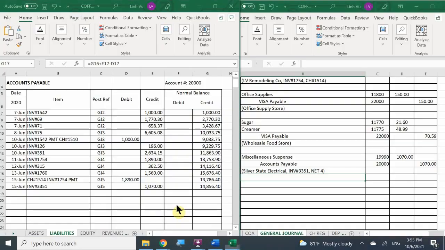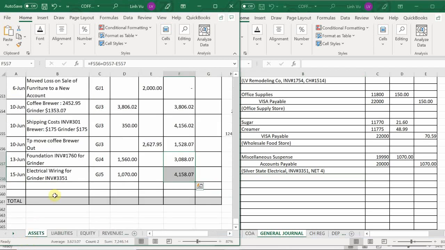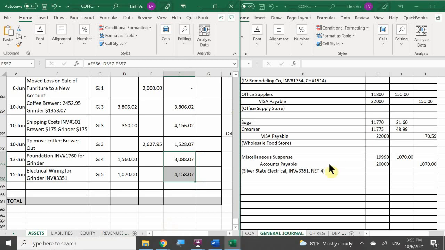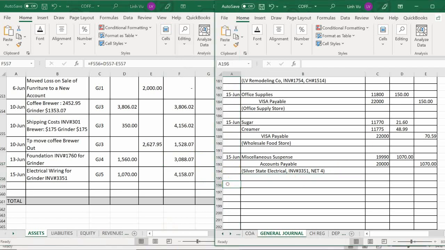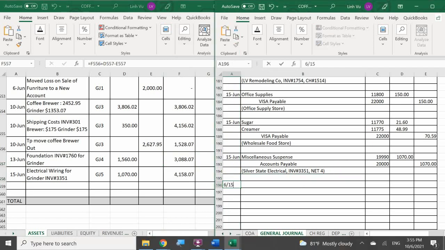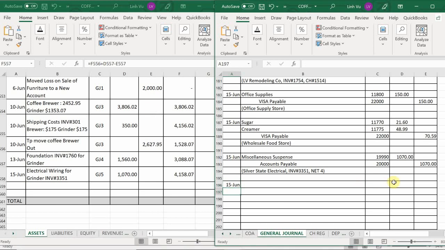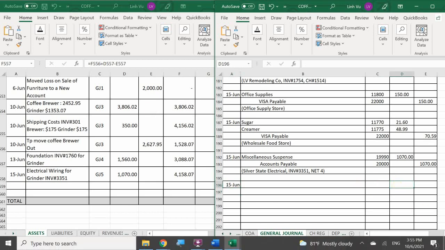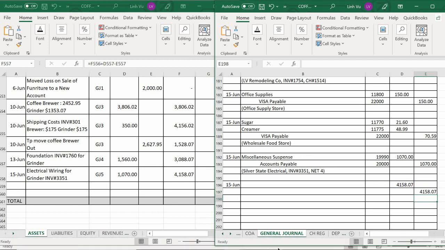How much is my total amount so I know how much I have to take out? 4,158. So in this case, I need to take out 4,158 and 7 cents. You have to transfer all the account, not just for the grinder.